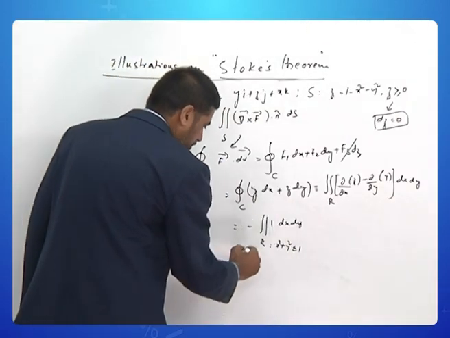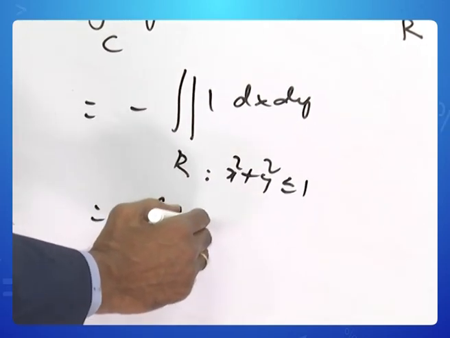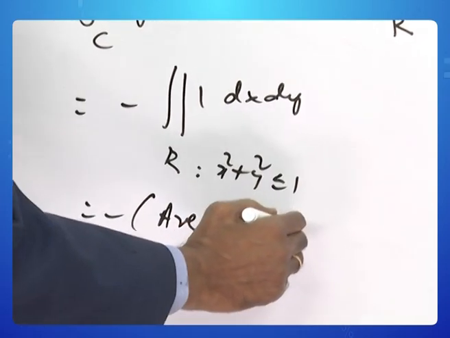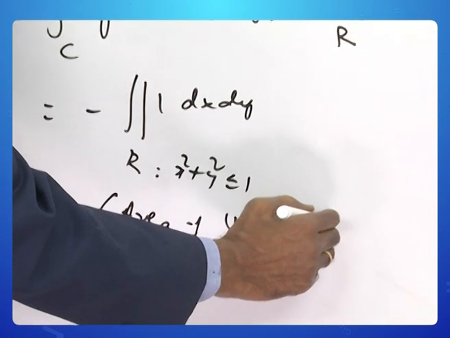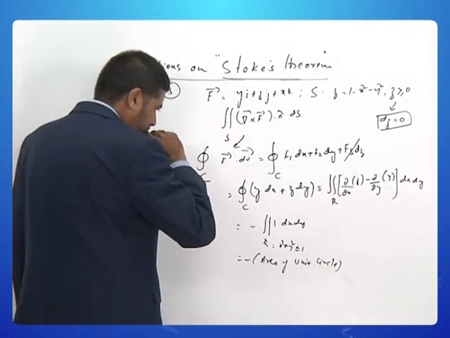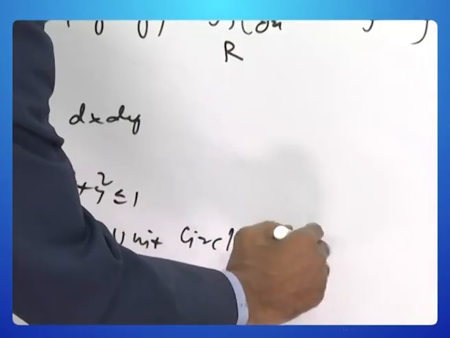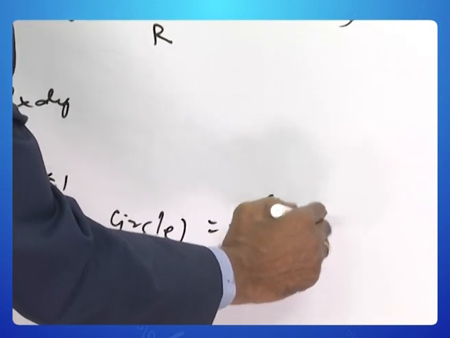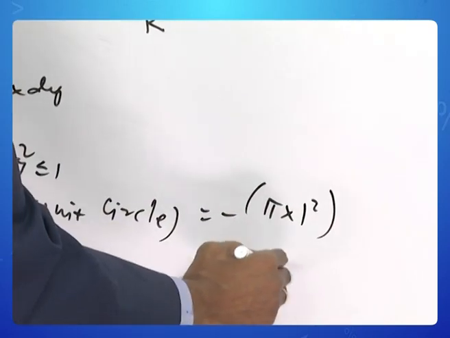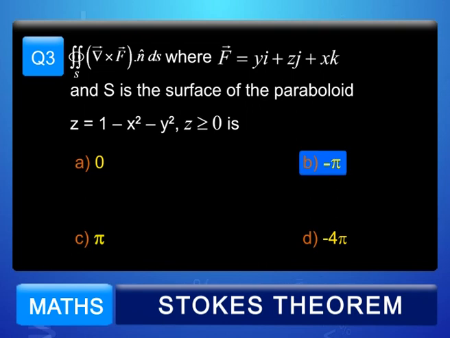So therefore this is nothing but minus area of unit circle. This is equal to minus pi into 1 square, which is minus pi. So the correct option for this problem is B.